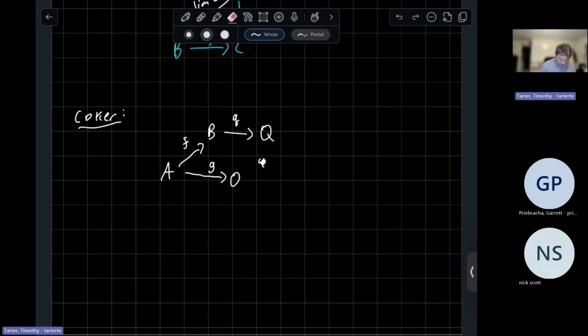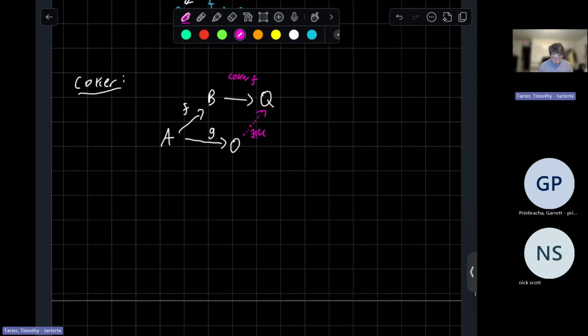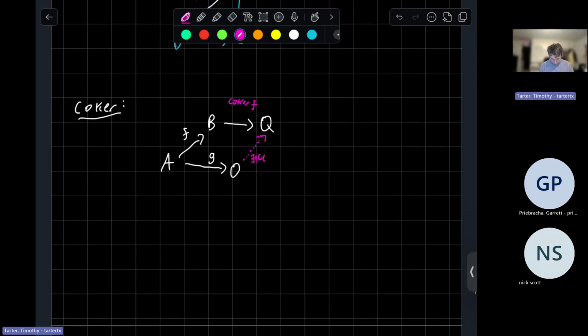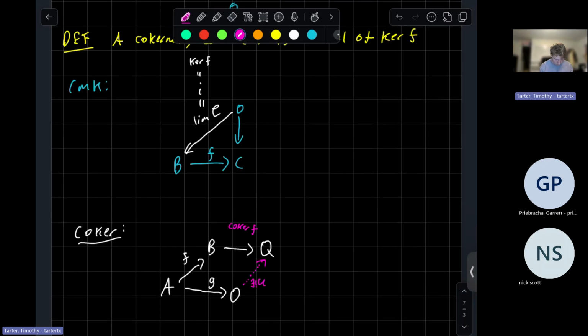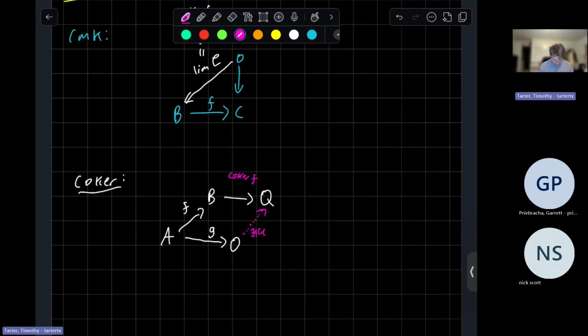Hold on. I think this might be arrow reversed.